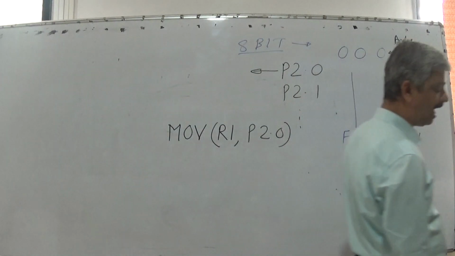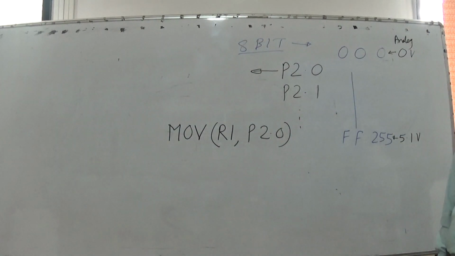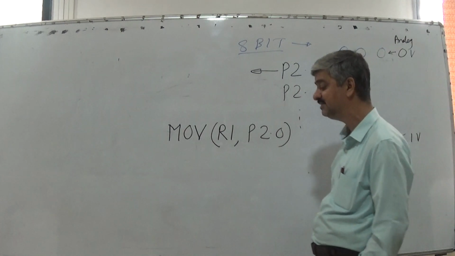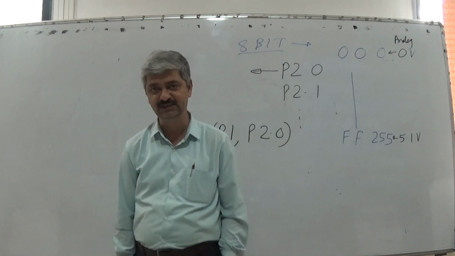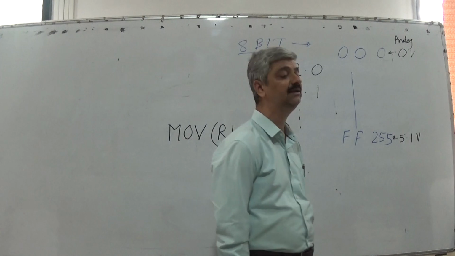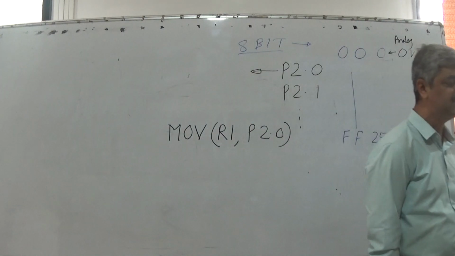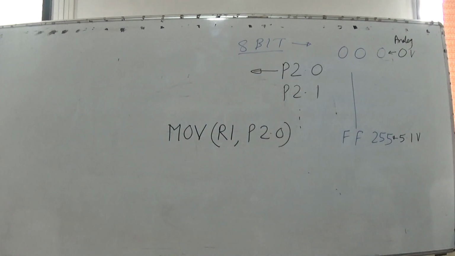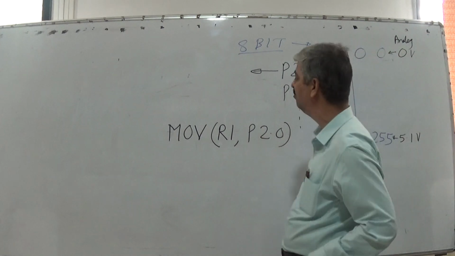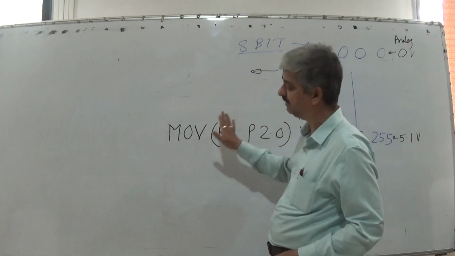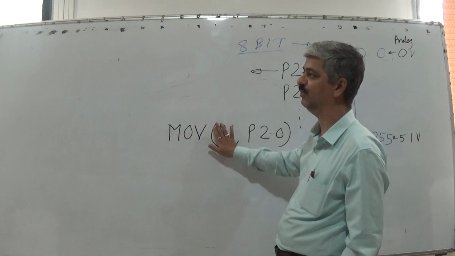So the move R1 comma P2.0 instruction will transfer the 8-bit approximate digital equivalent of the analog input on single pin 2.0 to register R1.